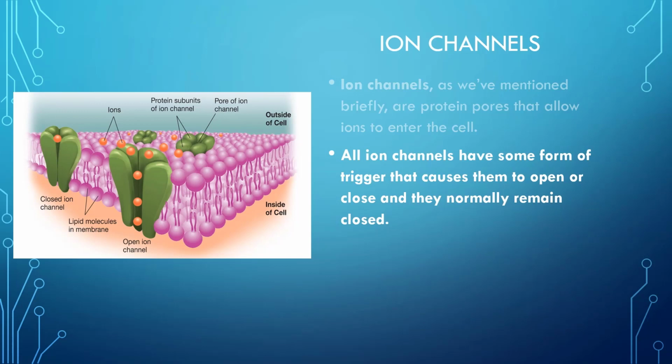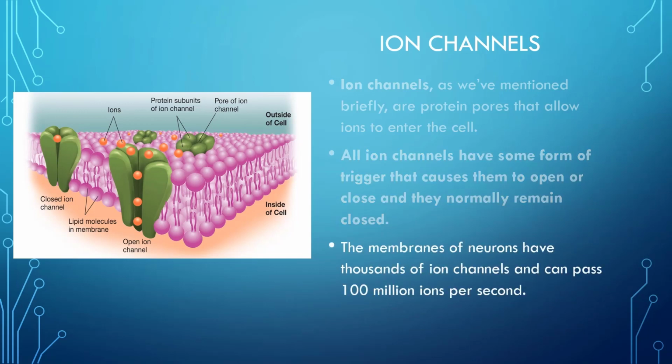And the most common thing that's going to happen, or at least the simple example that we're going to use here, is that a chemical messenger is going to cause them to open in order to drive an action potential.